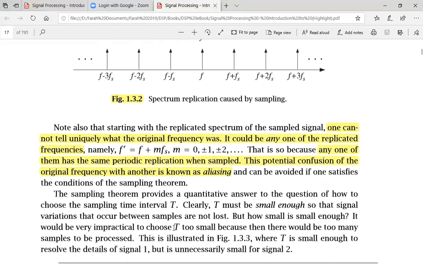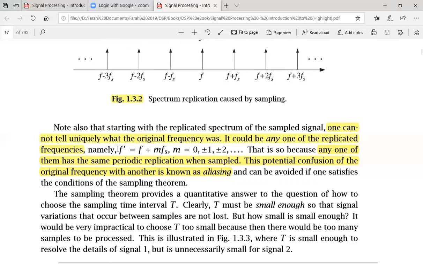One more important observation is that any of these replicated frequencies can be generalized and specified as f plus mfs. It means the set of these frequencies can be expressed as f' = f + mfs, where m is an integer, that is, first 0 and then plus minus 1, plus minus 2, and so on.